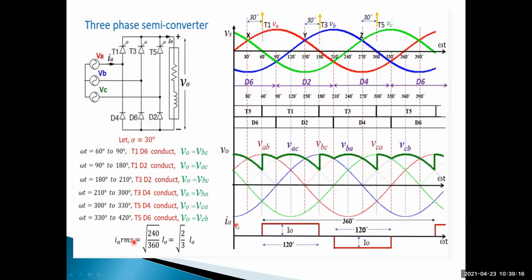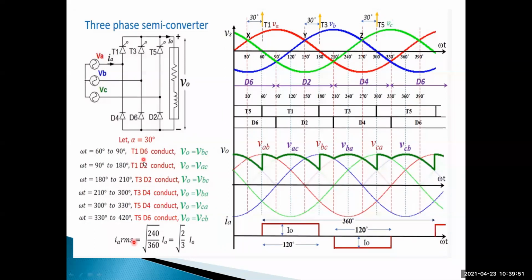The output voltage and the average output current: thyristor T1 is conducting for up to 120 degrees, here to here. So positive current flows there. On the negative side also, the thyristor conducts for 120 degrees with the combination of T1 and D2.